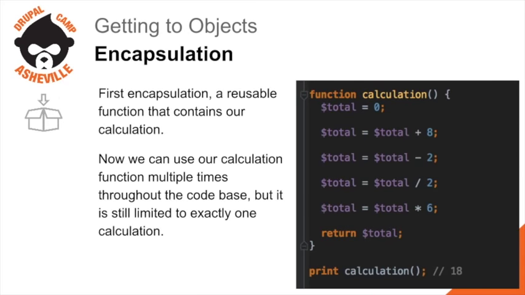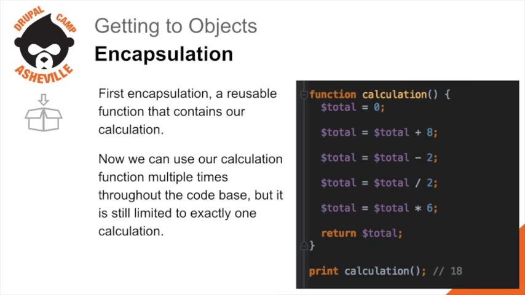So the first thing I want to do is take our common business problem and encapsulate it. So what we've just had is a bunch of math randomly sitting in our application, and I'm going to wrap it up together so that it's related functionality in a function called calculation. So here I have encapsulated our business problem, and now I can run it as many times as I want throughout the application.